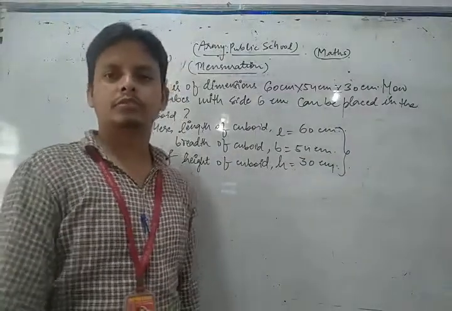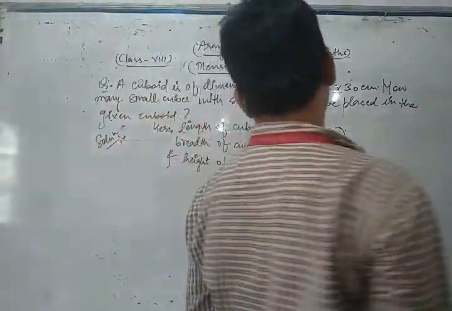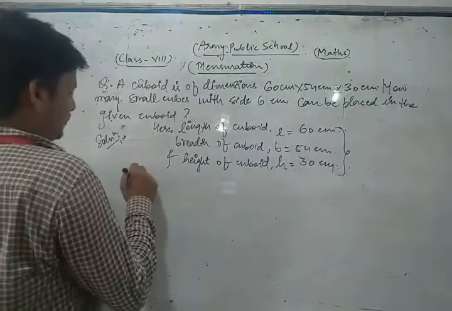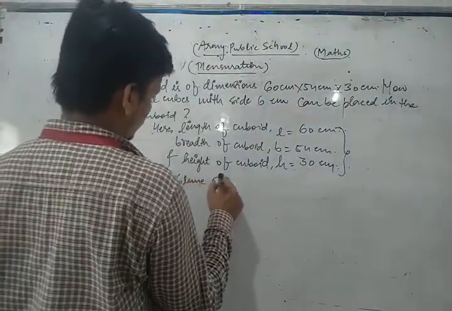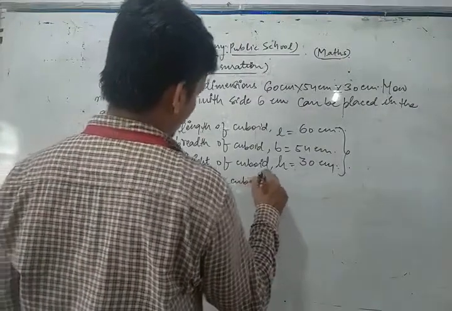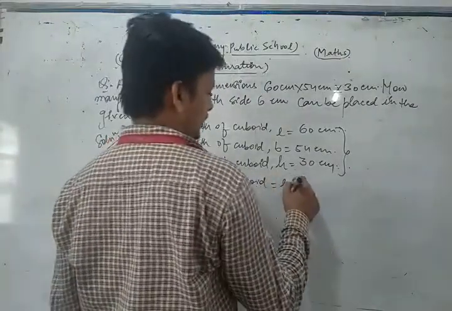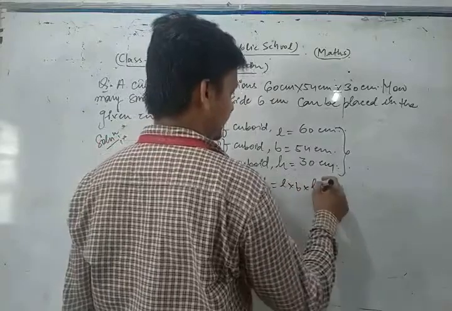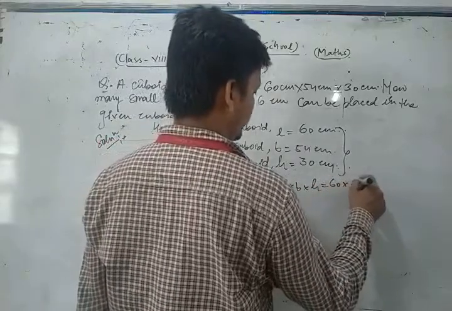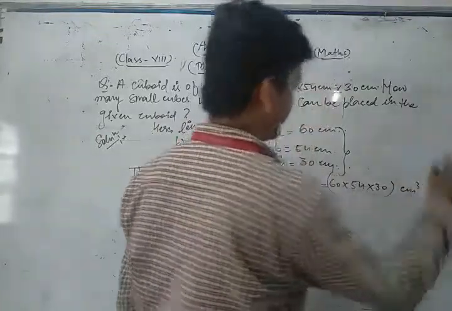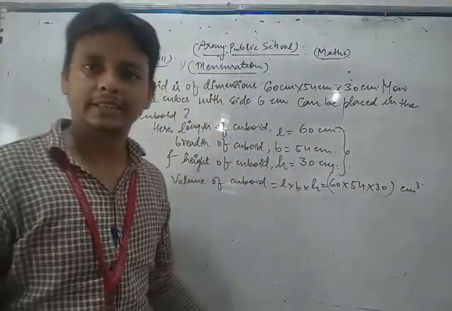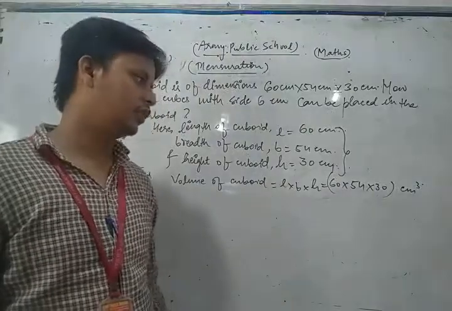Okay. So first of all, we find the volume of cuboid. Okay. Thus, volume of cuboid is what? Length into breadth into height. That is 60 into 54 into 30 centimeter cube.